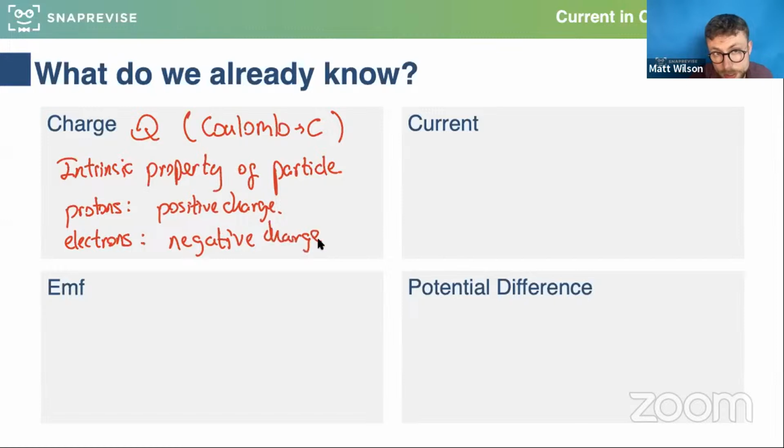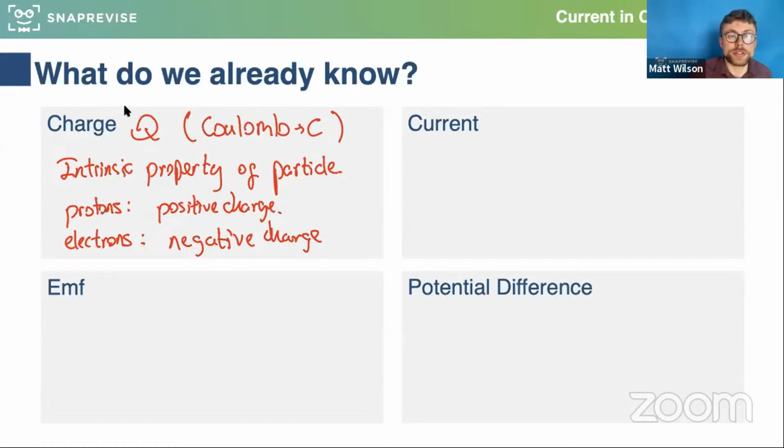We can actually give these numbers in terms of coulombs, and we'll be using those numbers as we go through some of the problems that we go through today. So in particular, the charge of the electron is minus 1.6 times 10 to the power minus 19 coulombs, and the proton is plus 1.6 times 10 to the minus 19 coulombs.